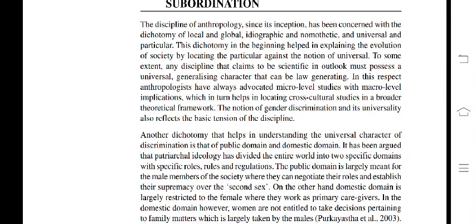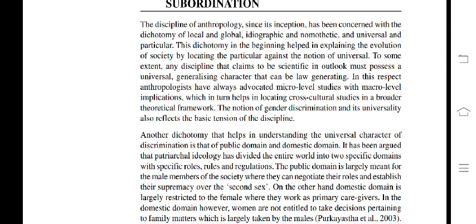The discipline of anthropology, since its inception, has been concerned with the dichotomy of local and global, idiographic and nomothetic, and universal and particular. This dichotomy in the beginning helped in explaining the evolution of society by locating the particular against the notion of universal.